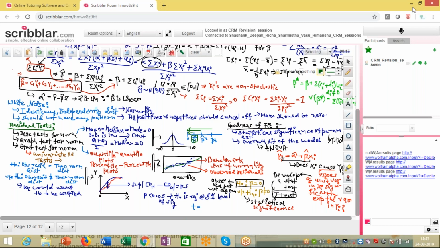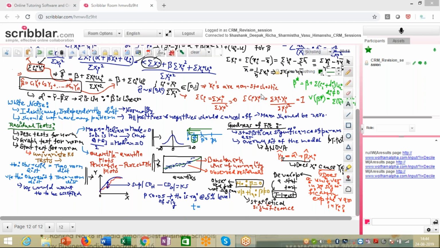Sir, I have a question. The t-test we are doing, is it for comparing the samples or variables? No, I am doing the t-test to assess whether the beta coefficient is significantly different from 0 or not.